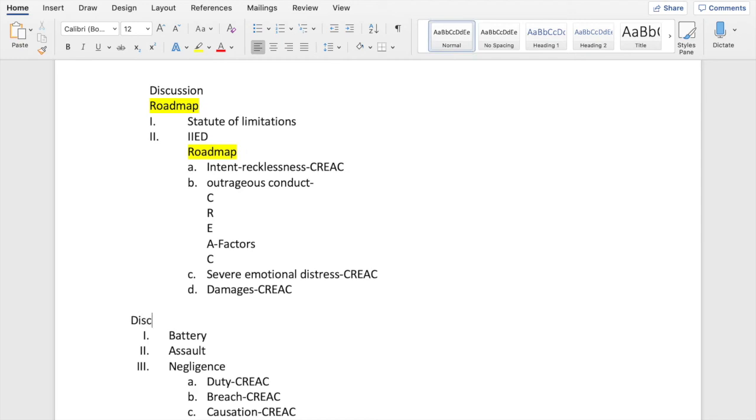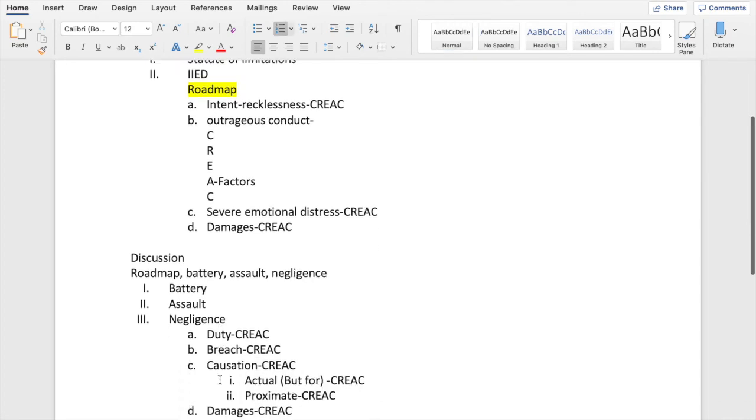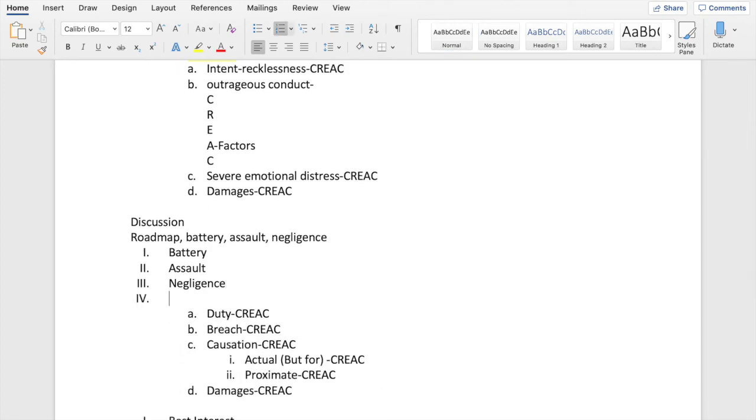Here, have a discussion heading, roadmap, which would summarize battery, assault, negligence. And then since negligence is further subdivided after that negligence heading, you would have a roadmap where you would have duty, breach, causation, damages.